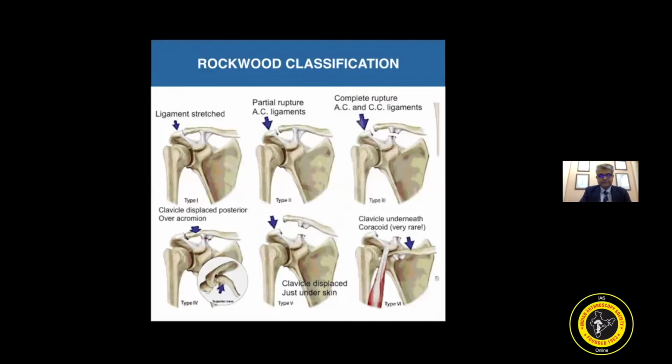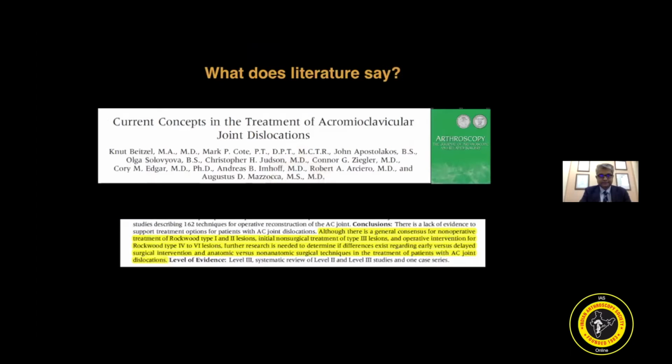The Rockwood classification is the standard classification, in increasing grade of severity, where grade 1 is the least form of injury to the AC joint, whereas grade 6 is the highest form of injury. What does present literature discuss?